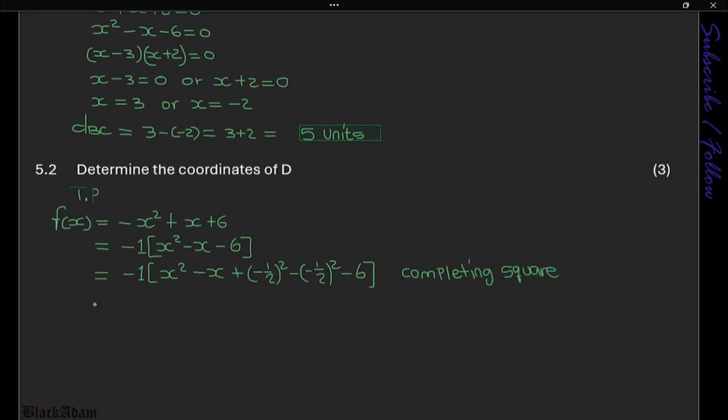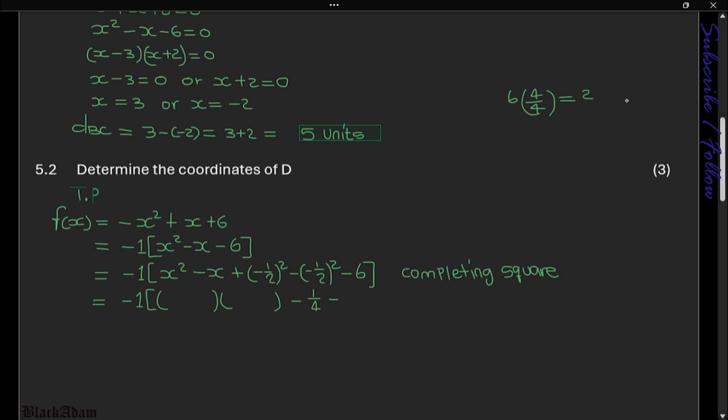If you don't know how to complete the square, please watch the other video that I've already made on completing the square. So we factorize. Negative half squared is 1 over 4, and 6 in terms of base 4 we multiply numerator and denominator by 4, so it's 24 over 4.